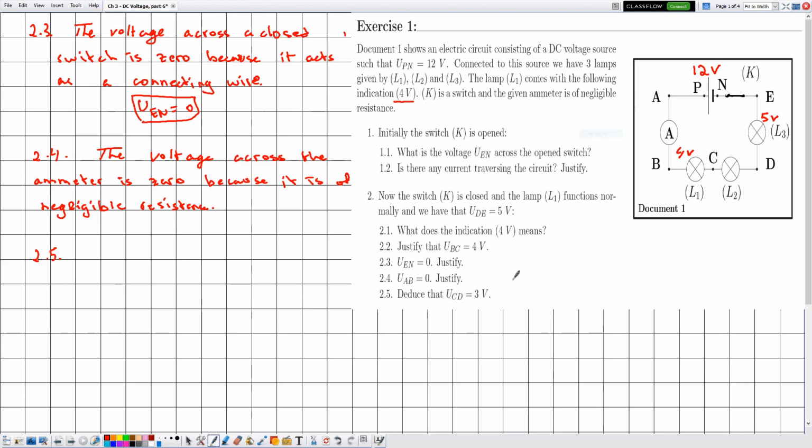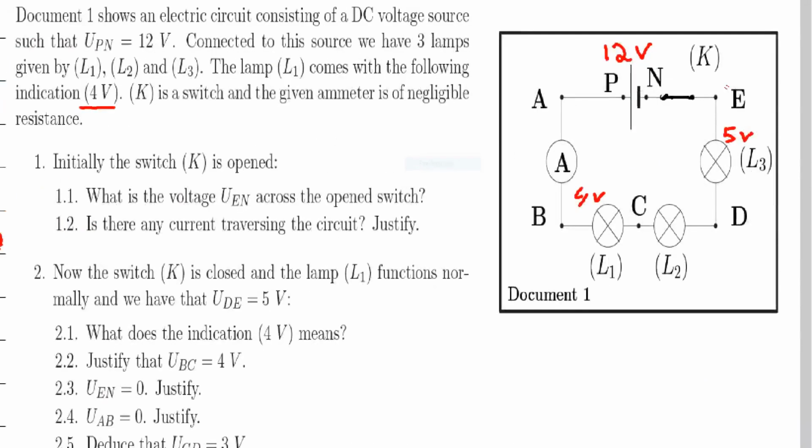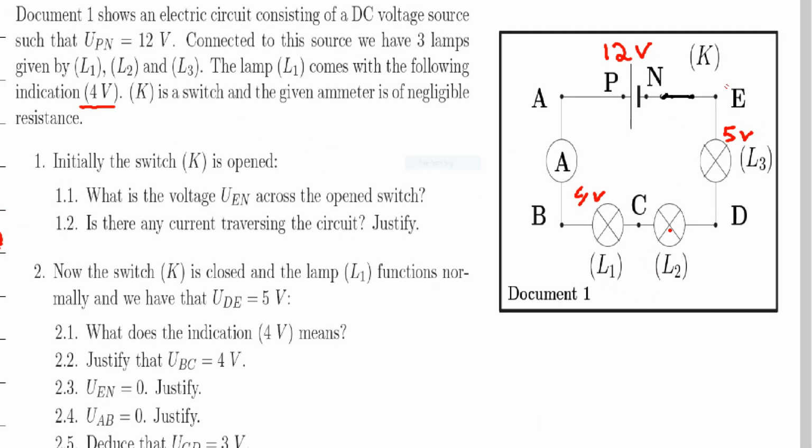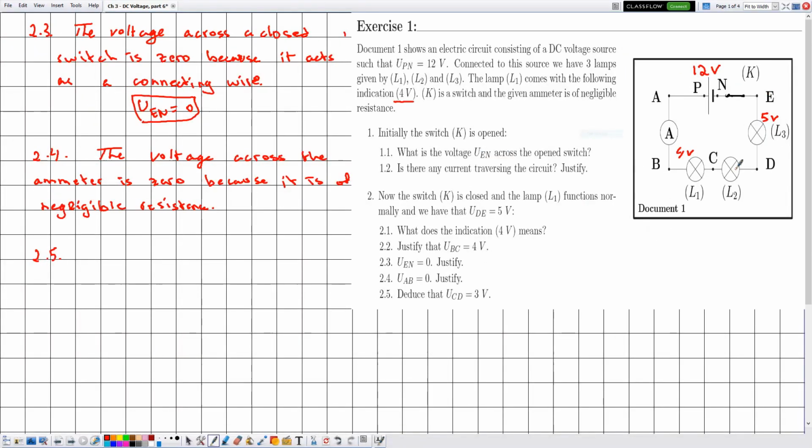And indeed, the only unknown voltage in this electric circuit is across the lamp L2, which is given by UCD. Therefore we can apply the law of addition of voltages to calculate the voltage UCD across the lamp L2. Then let's say apply law of addition of voltages.